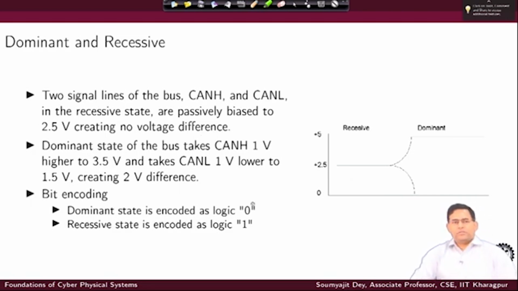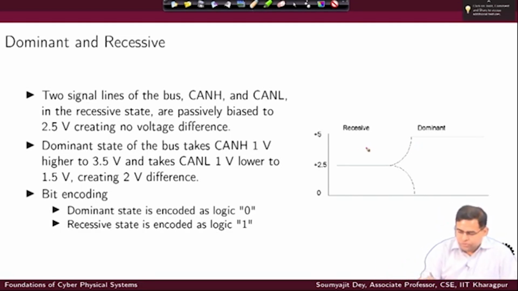When it is in the recessive state, CAN high and CAN low are both biased positively with a voltage of 2.5, hence there is no voltage difference between them. That is the recessive state. When the bus is in a dominant state, CAN high will assume a voltage 1 volt higher, that is 3.5 volt, and CAN low will assume a voltage 1 volt lower, that is 1.5 volt, and this will create a 2 volt difference.